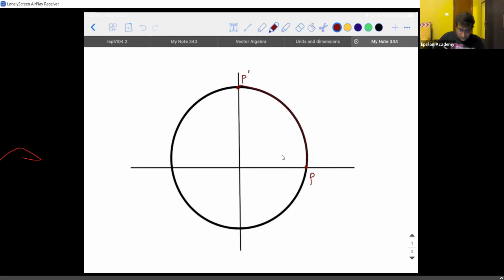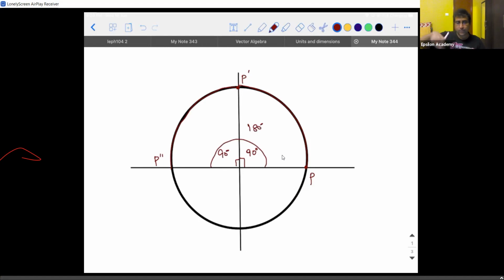Then how much is the angle covered by it? The angle covered by it is 90 degrees. From P dash, let's say it has come to point P double dash in the anti-clockwise direction. Now it has covered an extra angle from P dash to P double dash of 90 degrees. And from P to P double dash, it has covered an angle of 180 degrees.